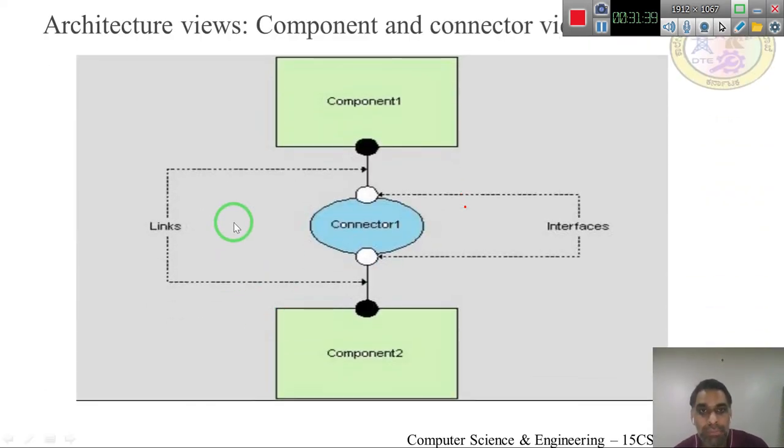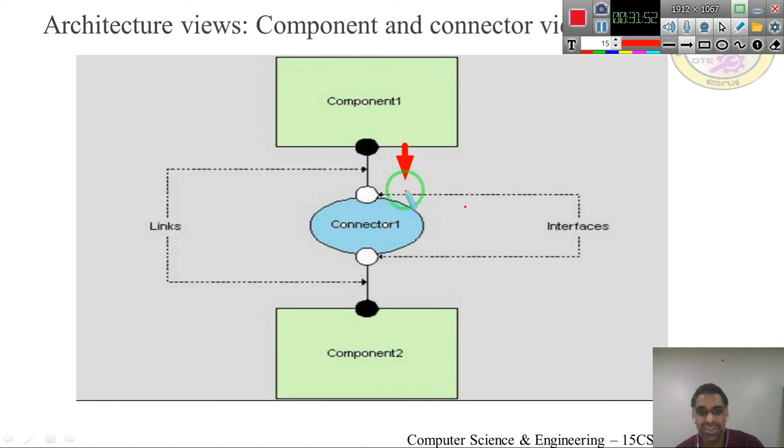So there is a diagram which tells you that there are two components which are runtime entities, and one component is connected with the other component through connectors, right? And what can be the connector?